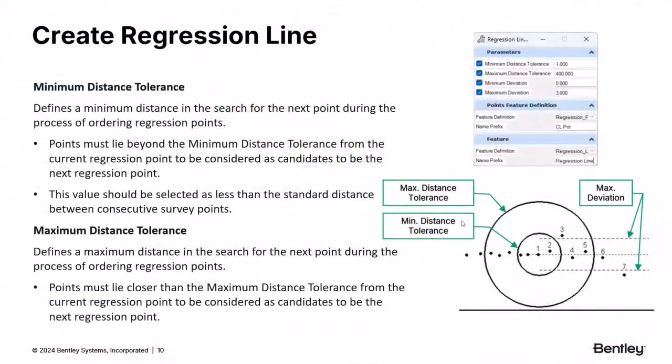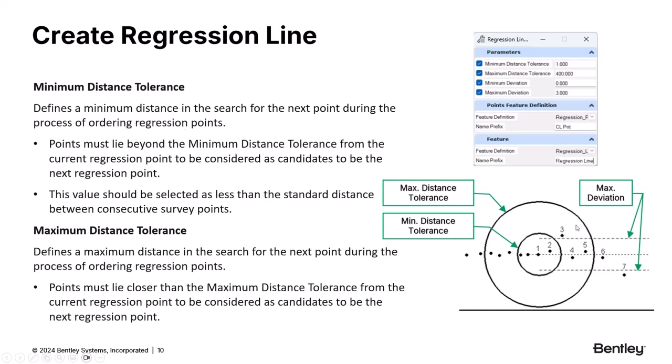So now once you have that data, let's talk a little bit about these settings, because you have some very specific parameters here that you want to set based on the type of data that you have. So let's take a look at these design parameters and talk about these in some detail. This first one you see here, the minimum distance tolerance, defines the minimum distance in the search for the next point during the process of ordering the regression points.